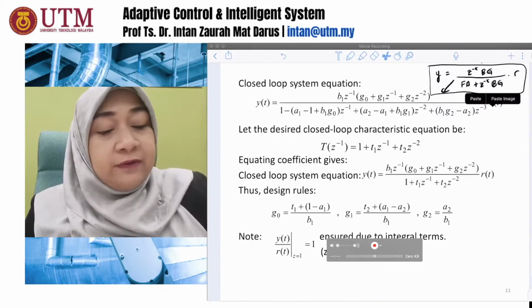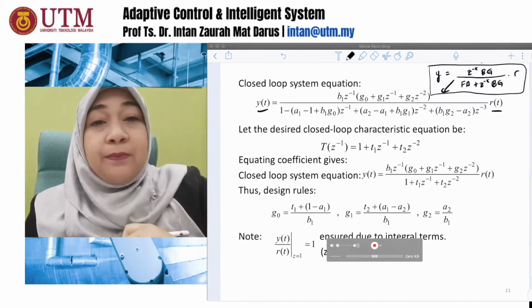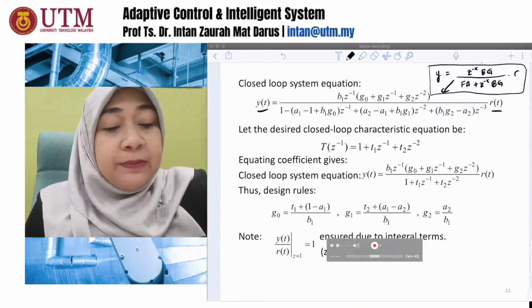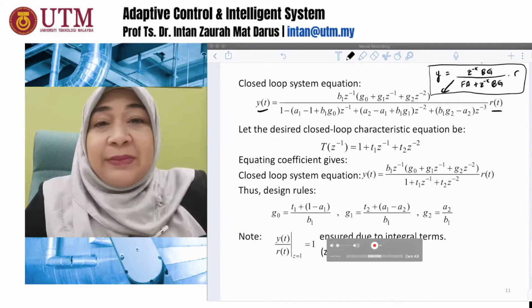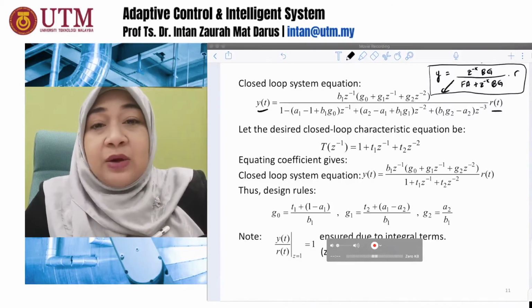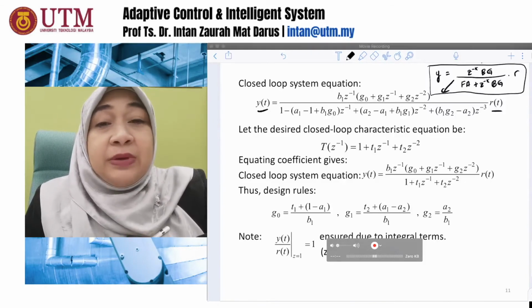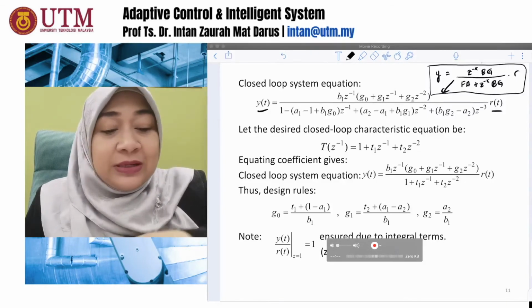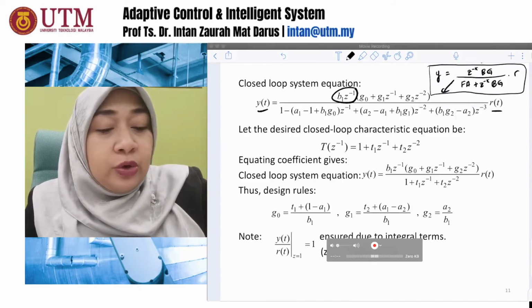Okay, so you have your y and your r, and then that polynomial is, I already put the polynomial b. If you have delay z minus k, you're going to put that, but in this case just now we look at the system, it only has b1 z minus 1, isn't it? So that's your polynomial b, and this is your polynomial g.